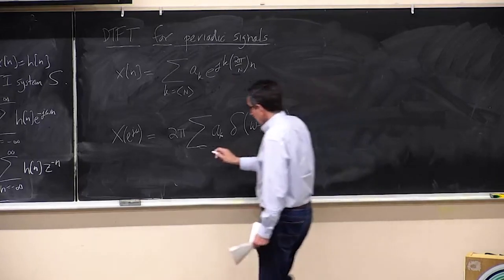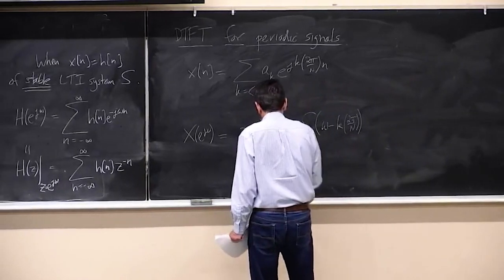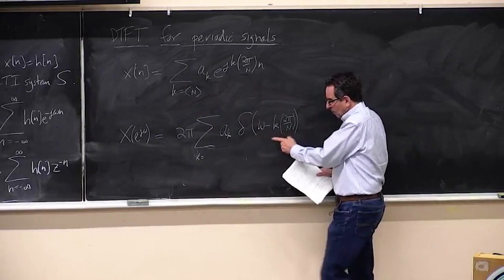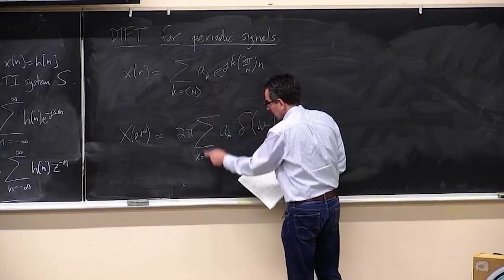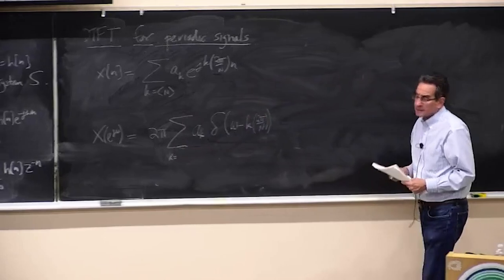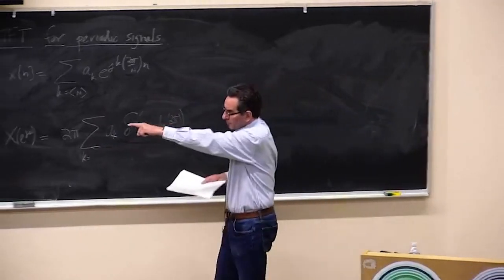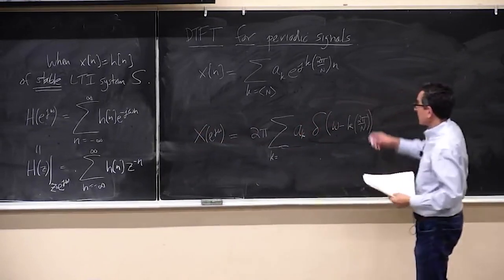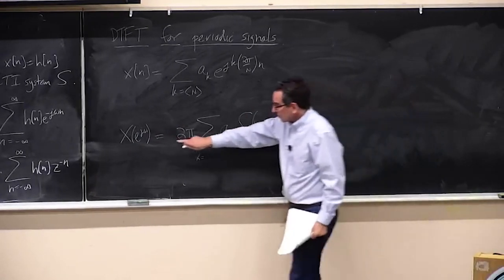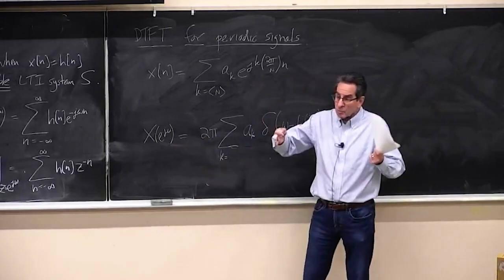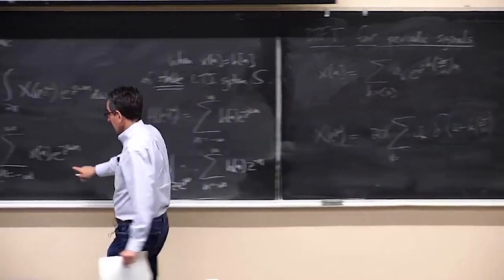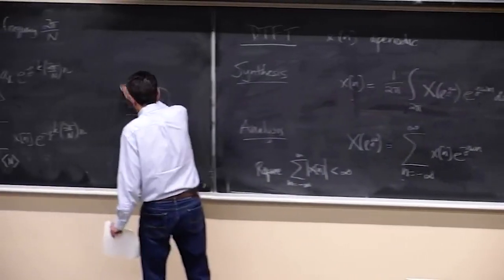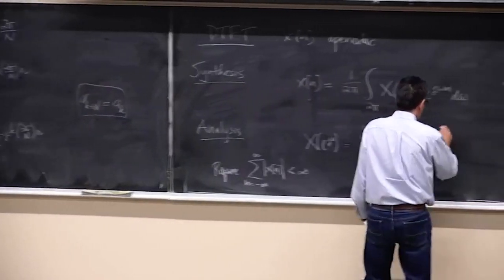Before I plug this in, you may ask, what should this set of impulses look like? Should it be a finite set of impulses? When we write the synthesis equation, we're just adding up a finite number of harmonics. But remember, this x of e to the j omega is periodic with period 2 pi, just as we had the periodicity of the Fourier series.